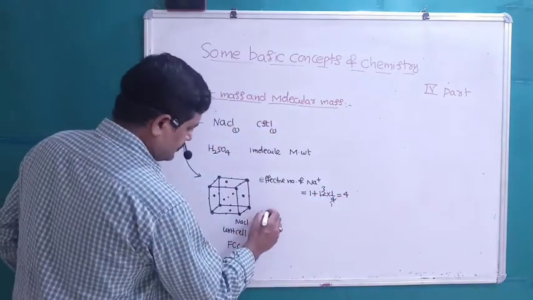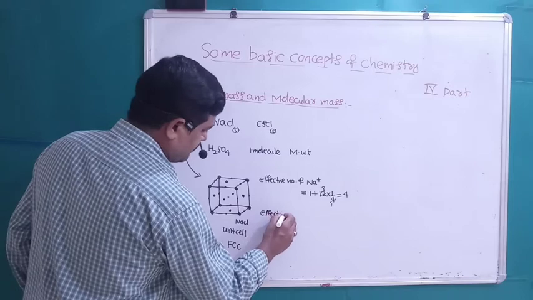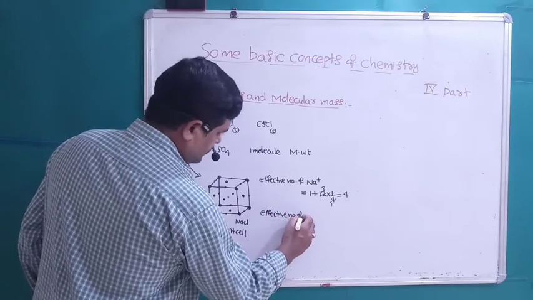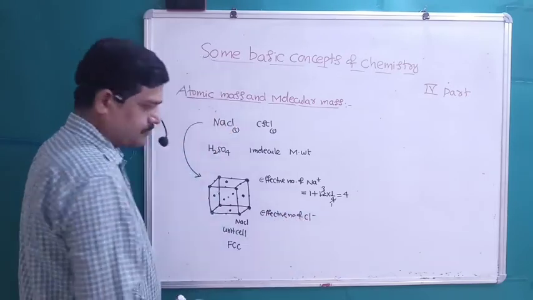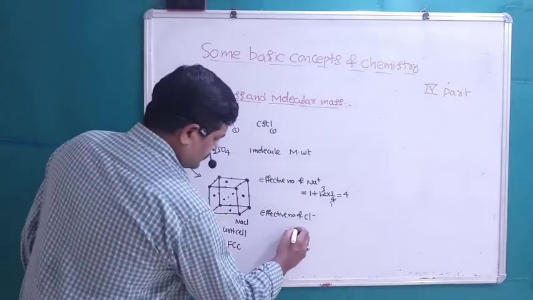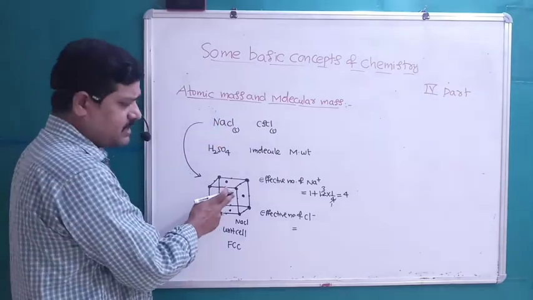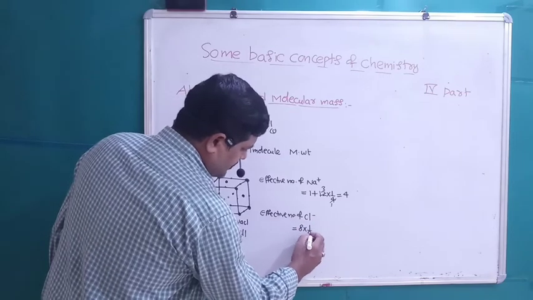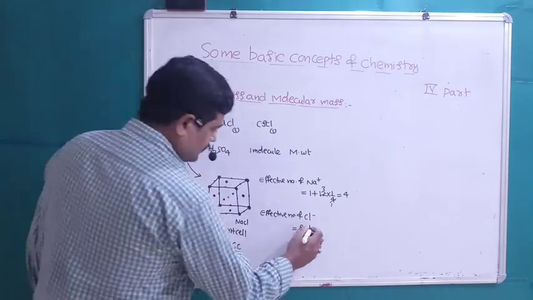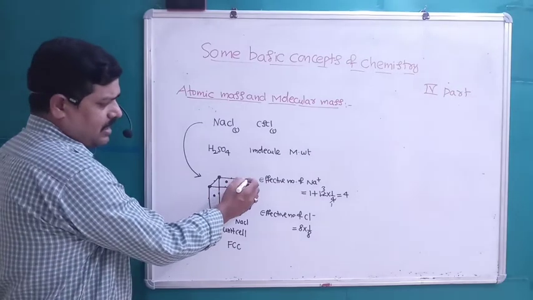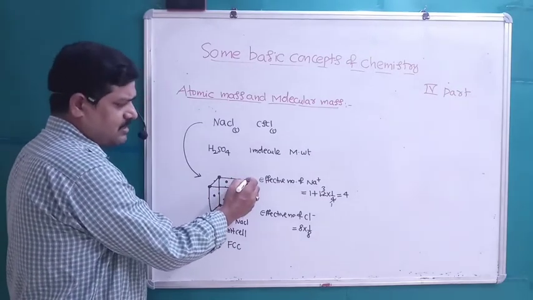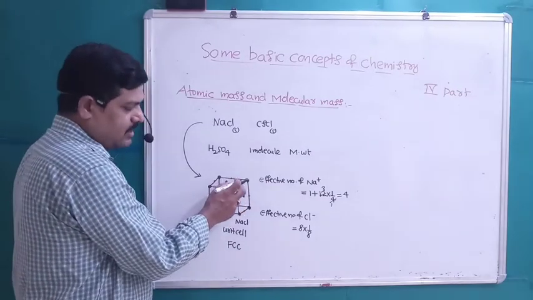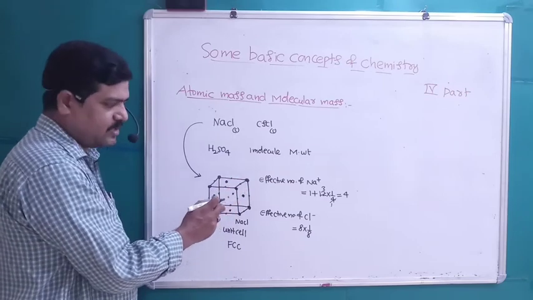Similarly, we will calculate the effective number of Cl minus. What is the location of Cl minus? 8 corners. Corner ion contribution is 1 by 8 because an ion present at the corner is equally shared among 8 unit cells.